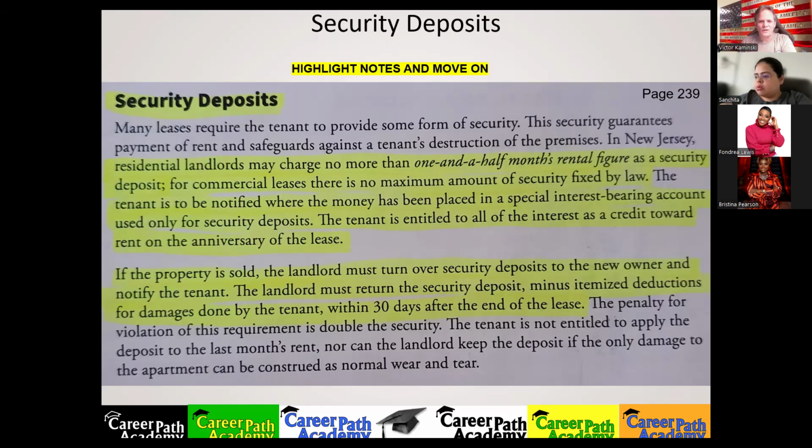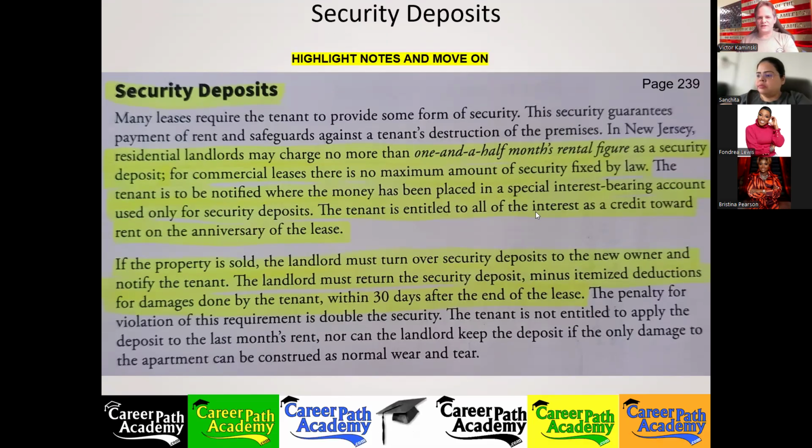I've got pictures of not just damages, but garbage left behind by tenants. So take a look.